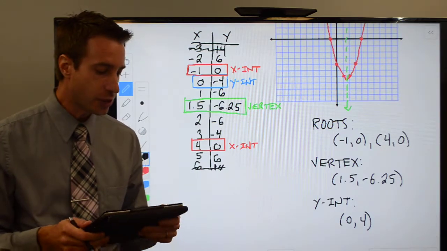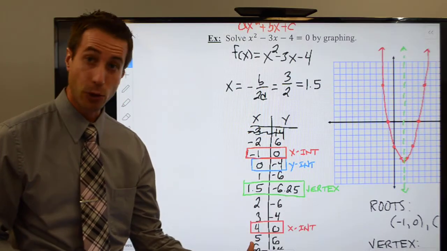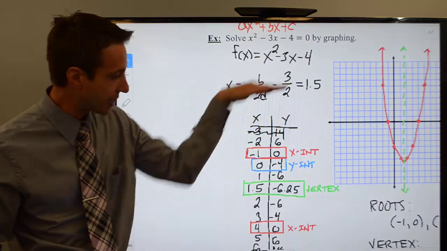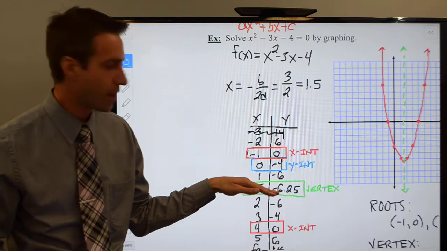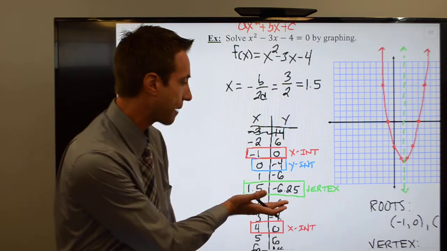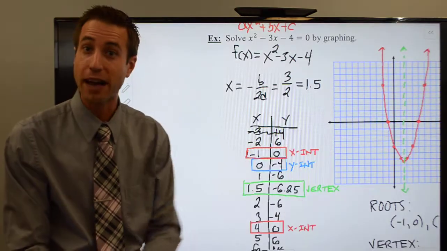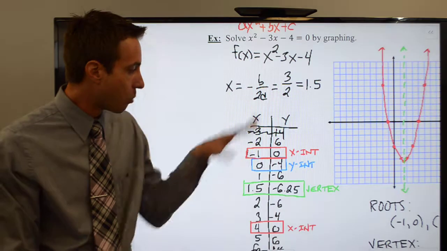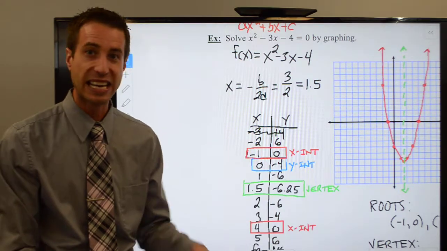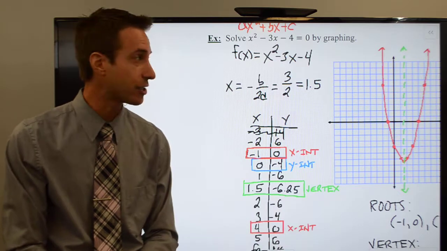So what you need to do is make sure that you take your time, fill in that table correctly by starting with your axis of symmetry. That'll be the first point. Go a few in both directions. Again, you only have to do half the chart because the other half will just be the mirror image. The y values will be the same. And once you've got that chart filled in, everything I'll ask you for comes right off of that chart.